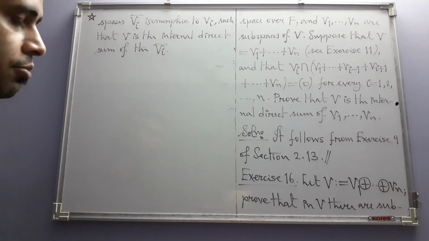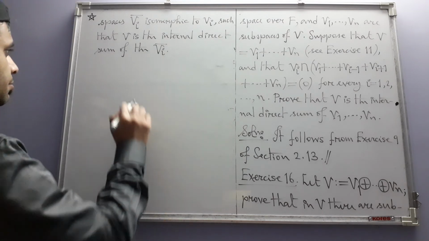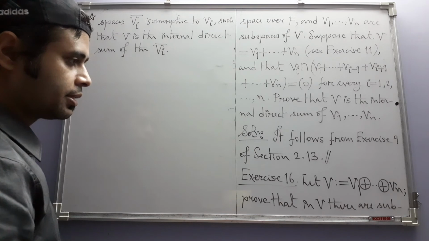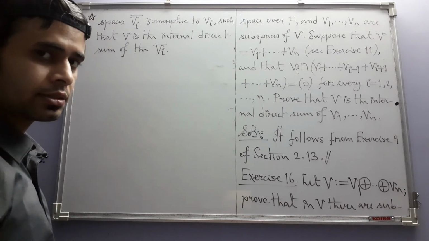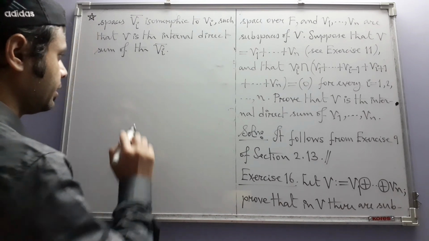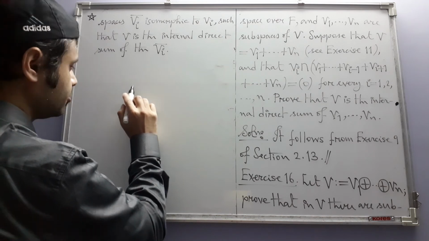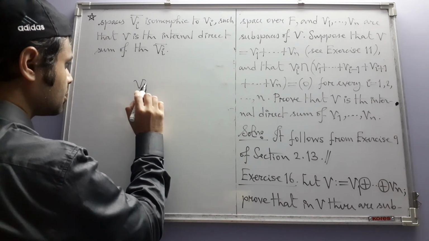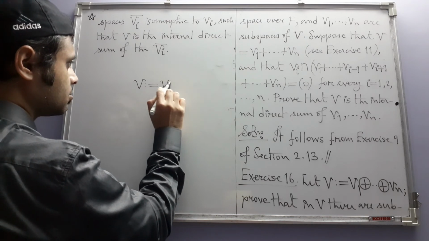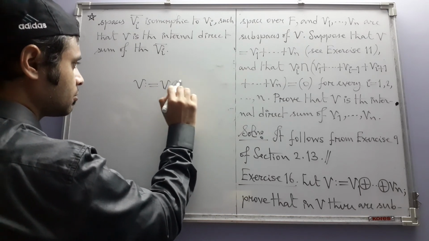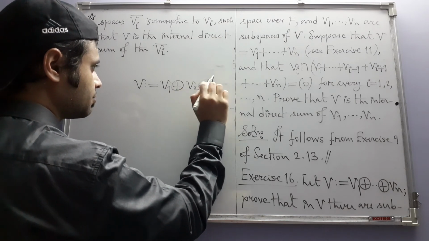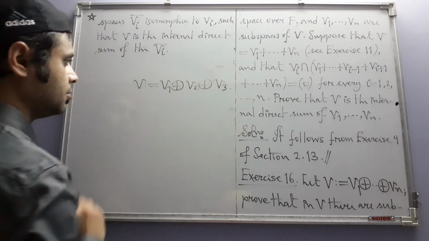This is also very easy. Instead of taking arbitrary n, let us take n equal to 3 and see what the solution is. So suppose V is V1 plus V2 plus V3.